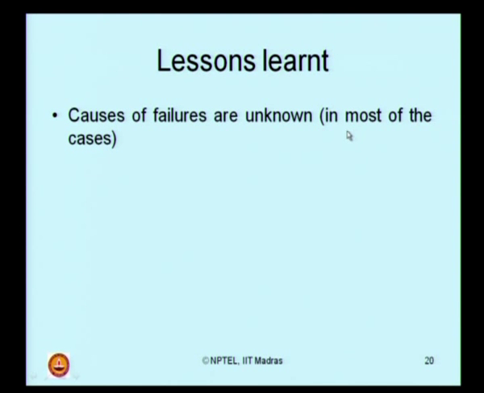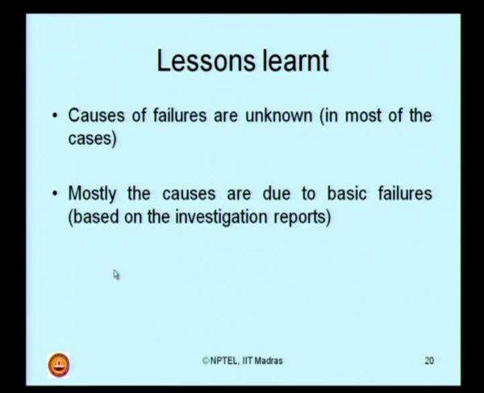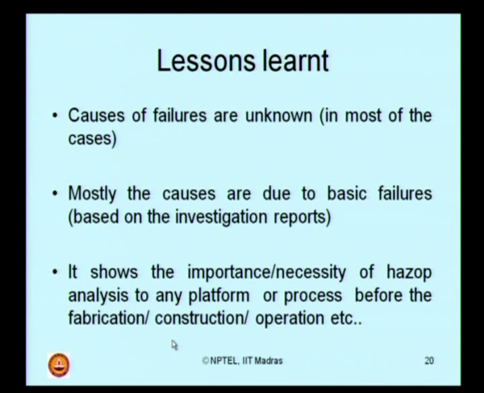In most cases the causes of failure are unknown. Mostly the causes are due to basic failures, which is what the investigation reports generally brought out. It shows that there is a very serious importance and necessity of a Hazop analysis for any such platform or process before fabrication, construction and operation take place.